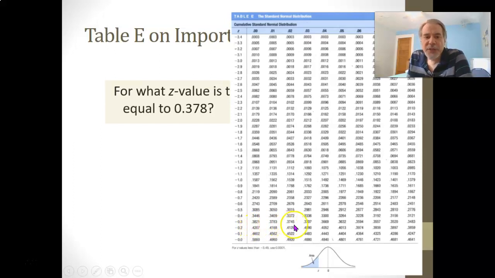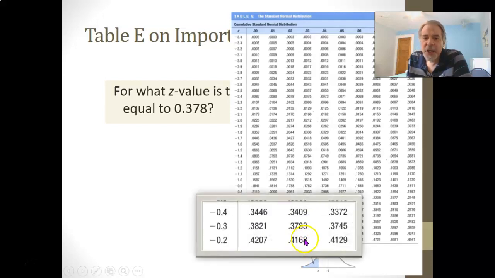And look for the closest thing you can find to 0.378. Okay, I see a 0.382, a 0.3783, a 0.3745. So I don't see 0.378 exactly, but I see 0.3783, which is pretty close. It's closer than any of these other numbers. So that is the one we want.